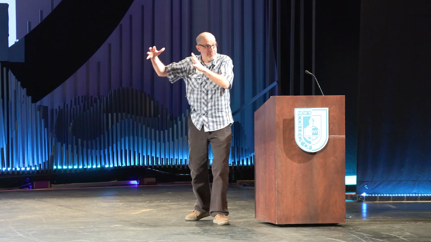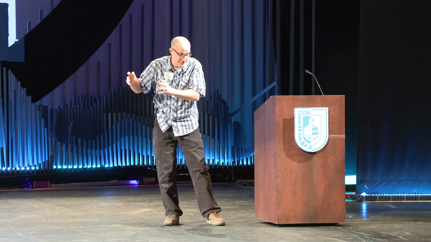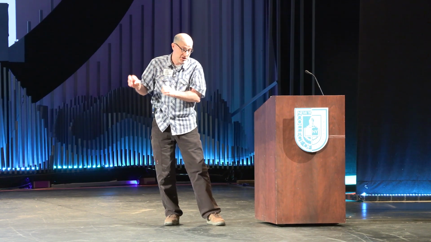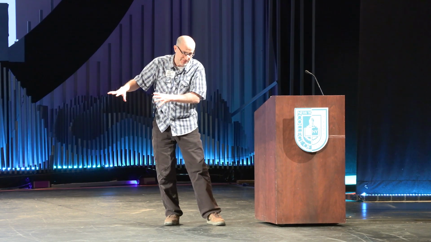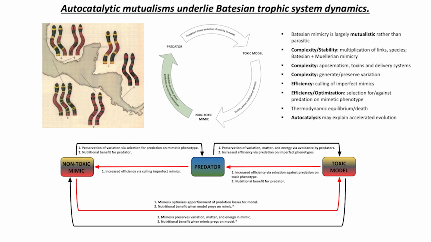And so you get a preservation of variation in the system that's necessary for the system to evolve long term. So you're optimizing the amount of variation in the system. You're not eliminating perfect mimics. You're optimizing the phenotype, and that means the mimetic system as a whole, as a separate whole thing, can evolve and persist long term.